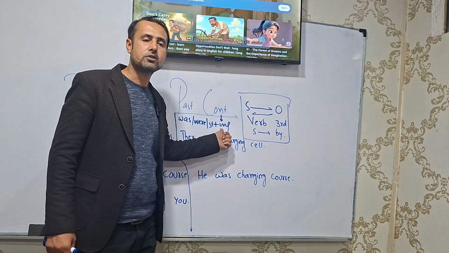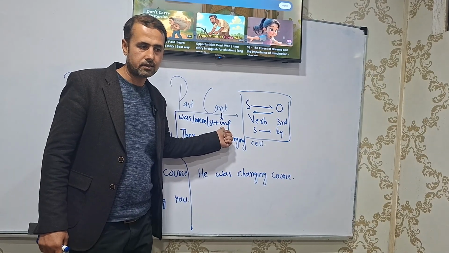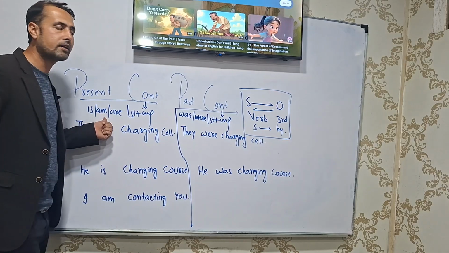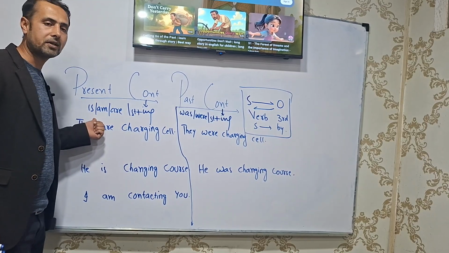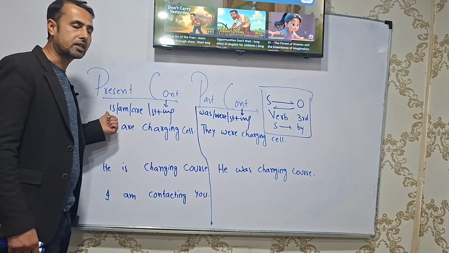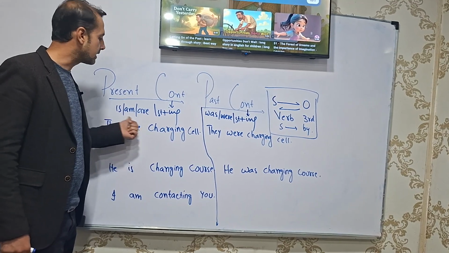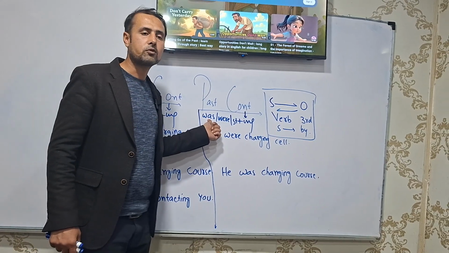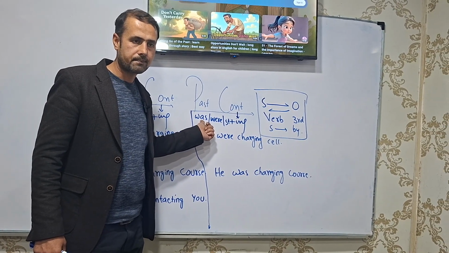Likewise, in past continuous, it is ing. So how would we differentiate? The factor of differentiation is helping verbs, what I call indicators. If you are putting is, am, are, that would be your present continuous; was and were, past continuous.